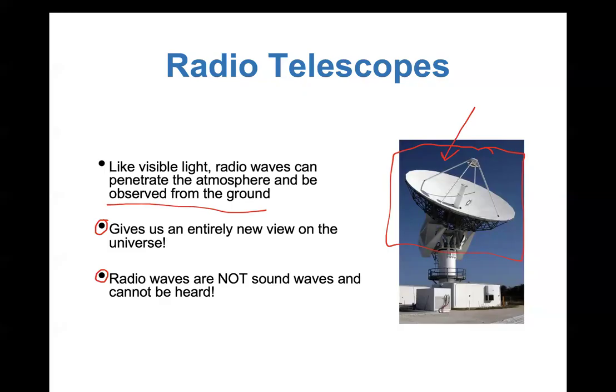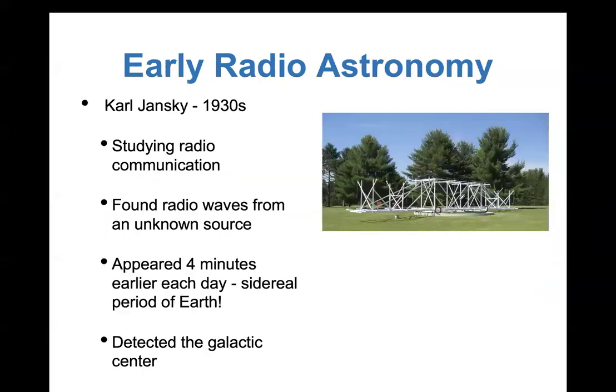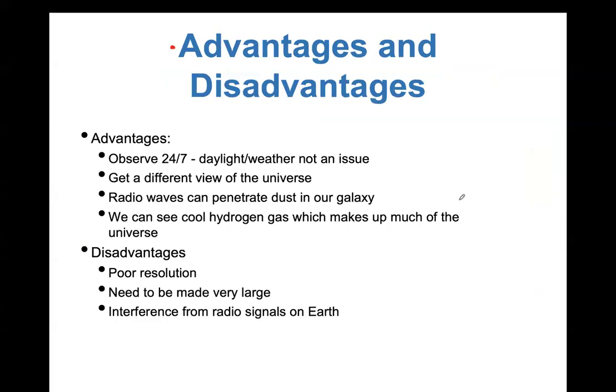At least that's one use of things that look like this. Yes, they can be used to pick up communication signals. In that case, we call them a satellite dish or communication dish, but they also can be used to pick up incoming signals, so to speak: invisible light from space, radio wave electromagnetic radiation. Lots of names for the same thing.